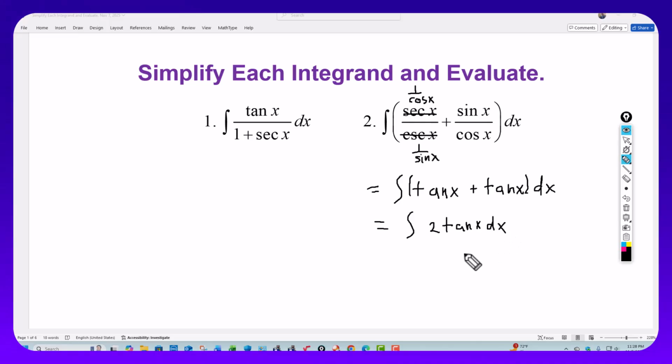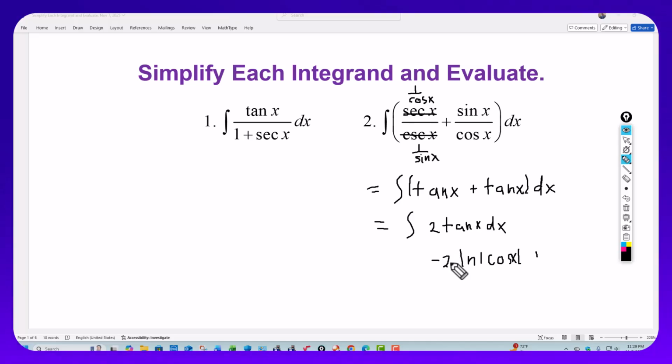And that is just going to be minus the natural log of absolute cosine of x.